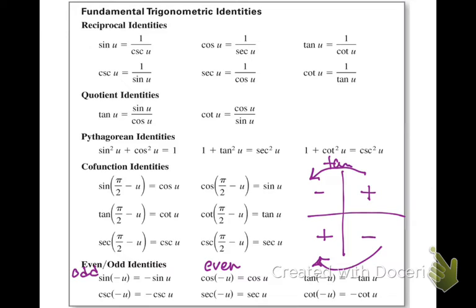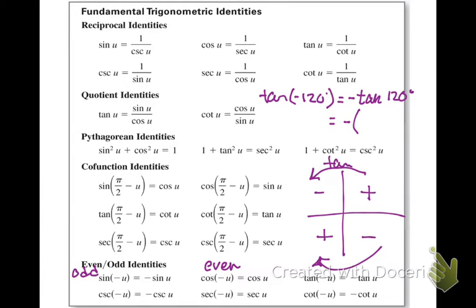So if I had, let's say the sine, actually I'll do tangent. We'll go through the whole thing. So tangent of negative 120 degrees is going to be equal to negative the tangent of 120 degrees. So I'm going to write on my 120 degrees.